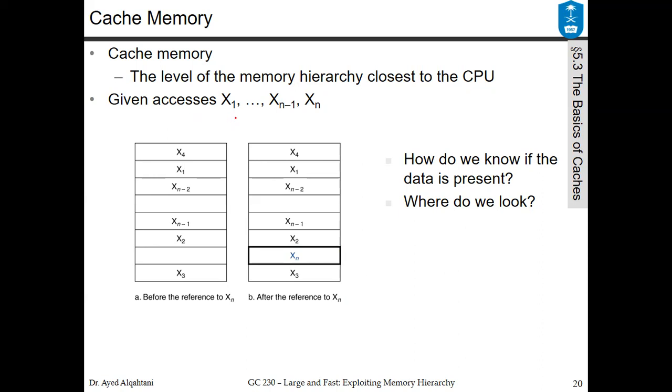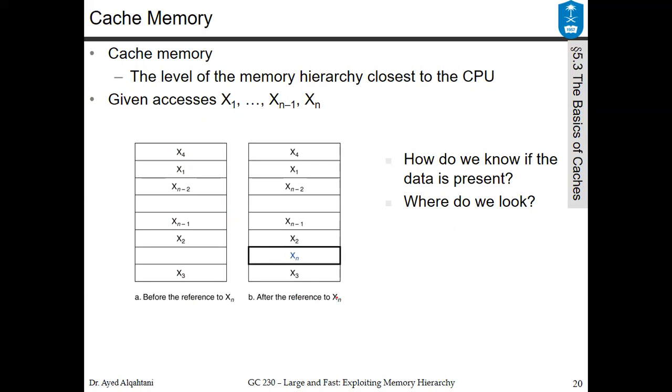Now, given accesses from x1 all the way to xn, you have the variables of these accesses put inside the cache. Before the reference to xn, you can notice here that you don't have xn in the cache.